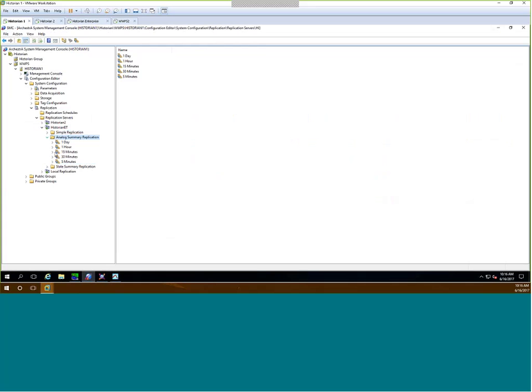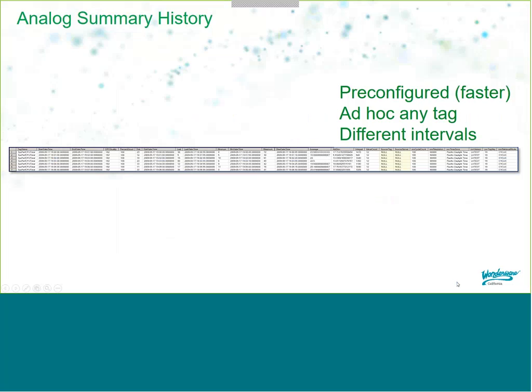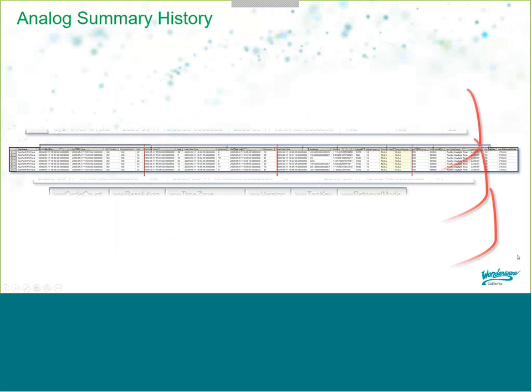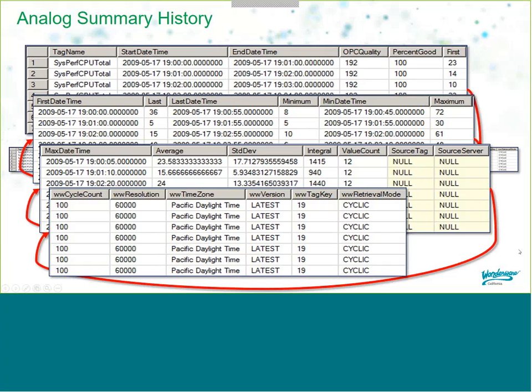So with analog summary replication, let me jump back into our PowerPoint here just to show you real quickly. It's a lot better than me trying to explain it. With analog summary history, you get pre-configured summary data. All of these are different summary data that you can get from doing a summary history.